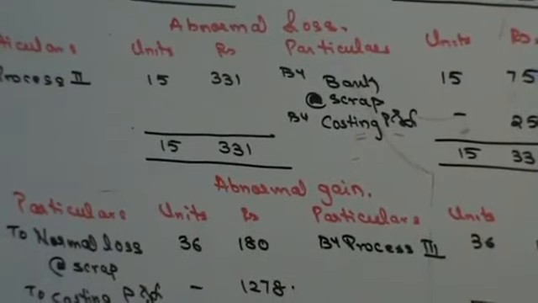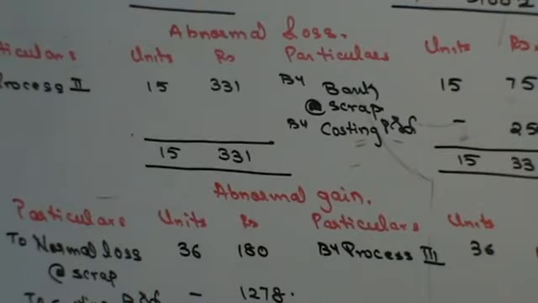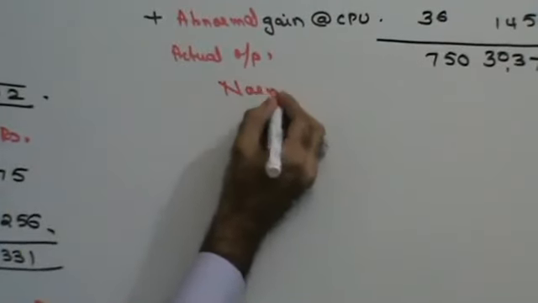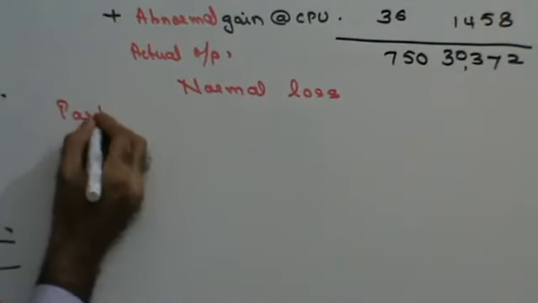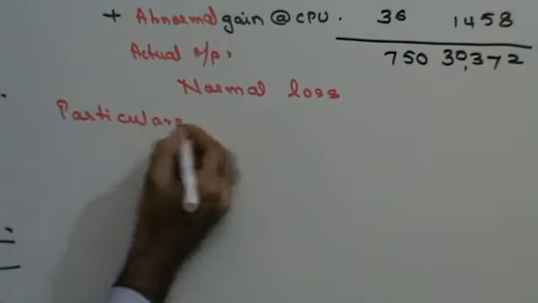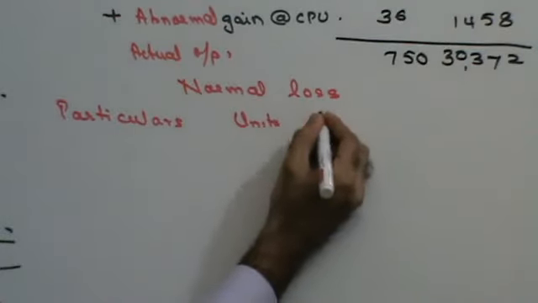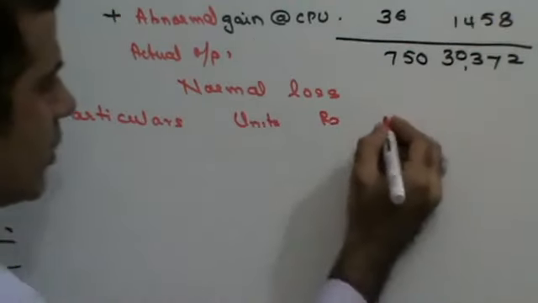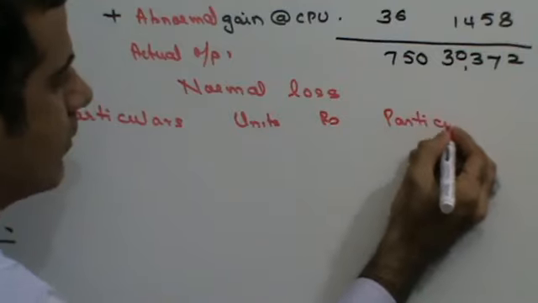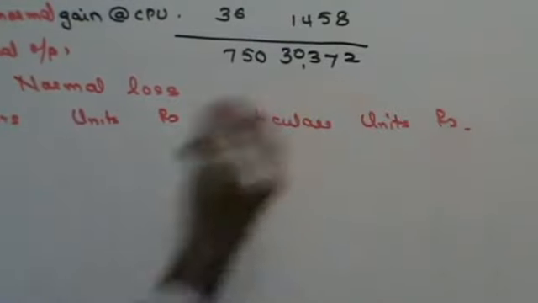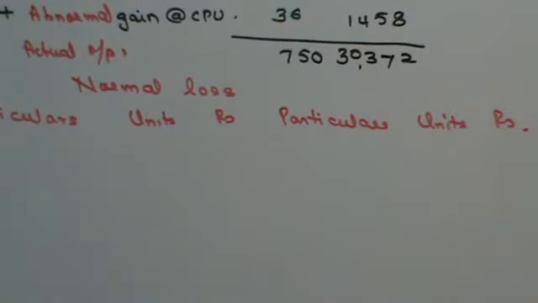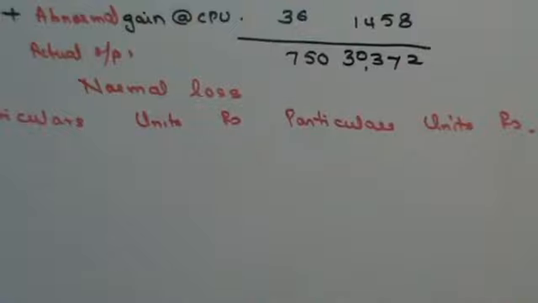Now besides this, you have to make a normal loss and costing P&L account. Let's make a normal loss account. Particulars, units, rupees, particulars, units, rupees. Now let's see where all we had normal loss.